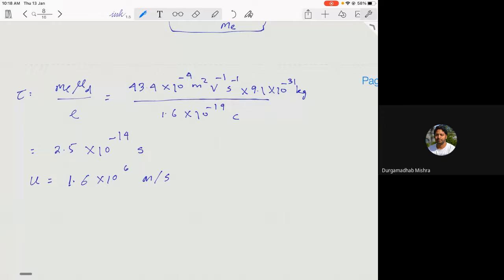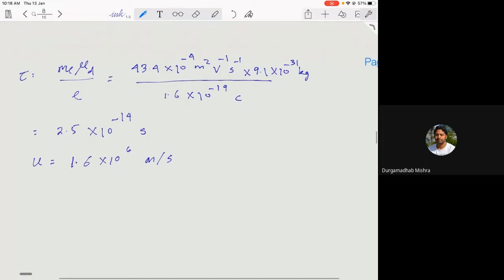So the electrons are moving with this velocity, or the average speed of the electron due to the thermal motion. This is at room temperature. Roughly, most of these electrons will have this. This will be the mean speed of the electrons or the charge carriers in the metallic systems.